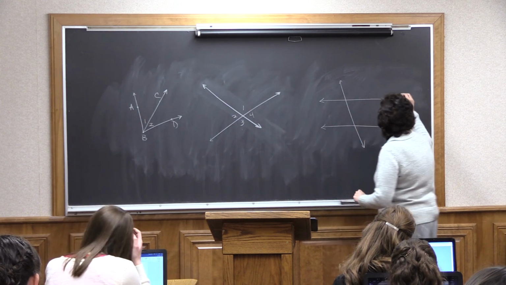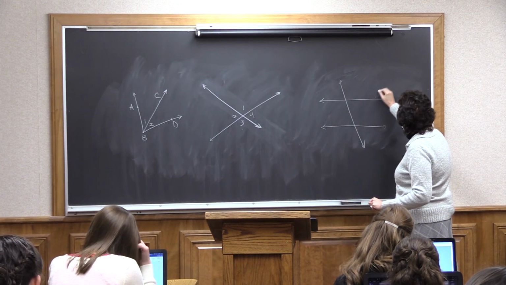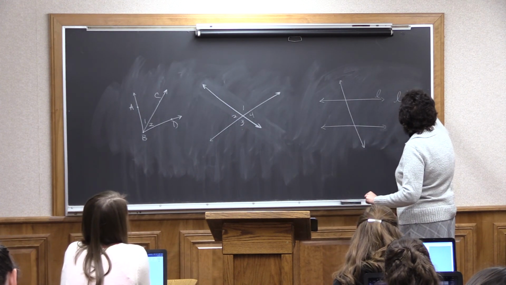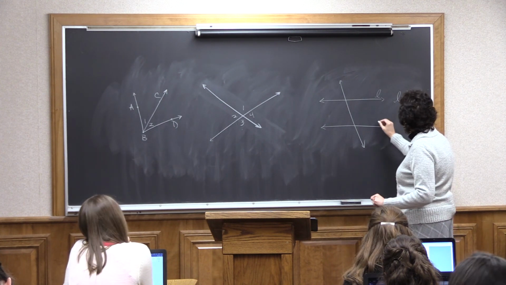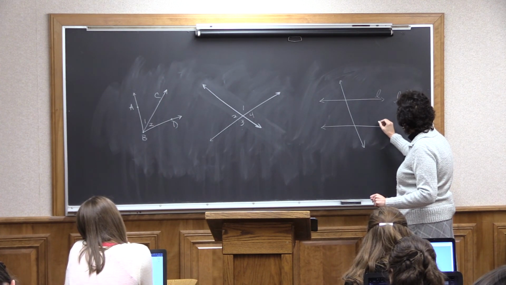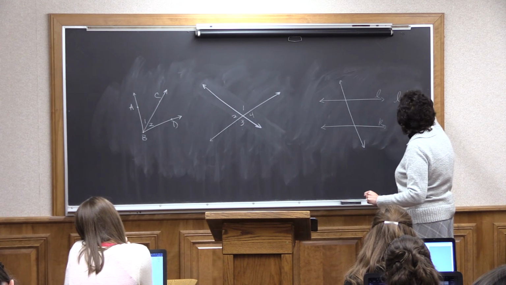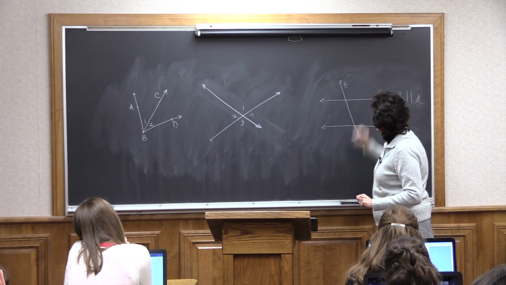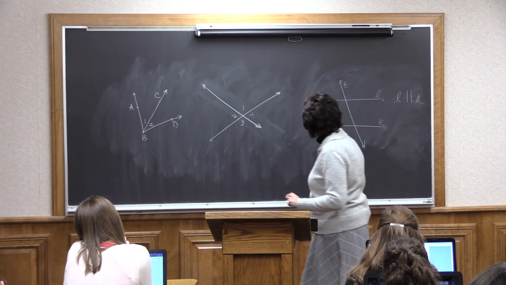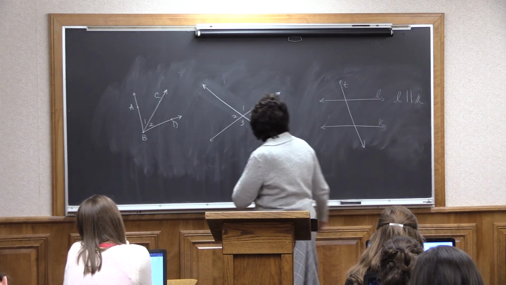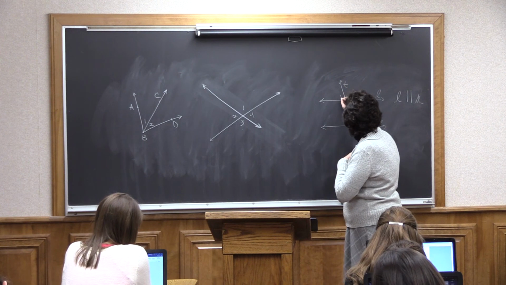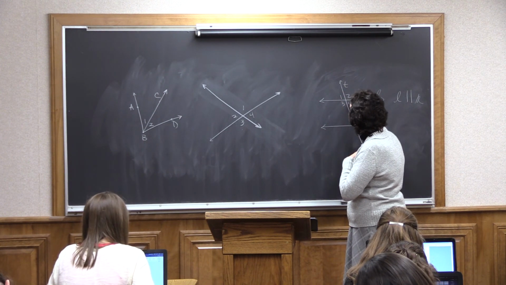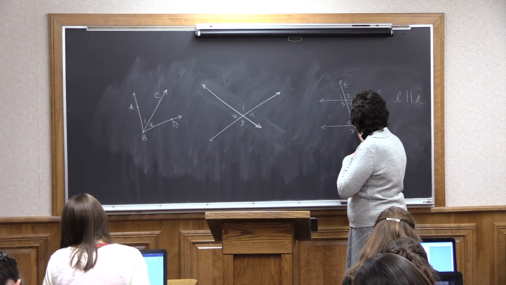I'll be told that line L is parallel to line, we'll call it line K, and that T is a transversal. There's going to be 8 angles formed here. 1, 2, 3, 4, 5, 6, 7, 8.